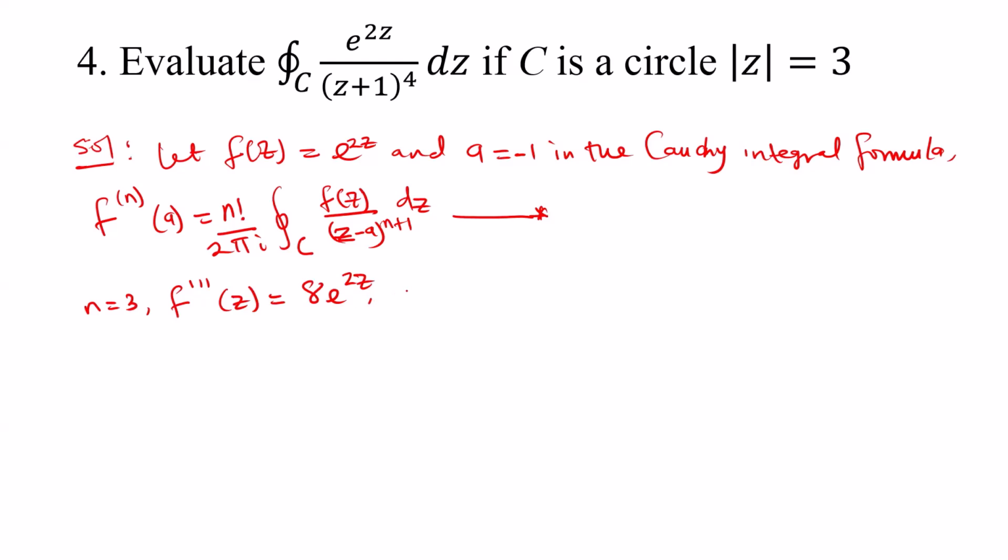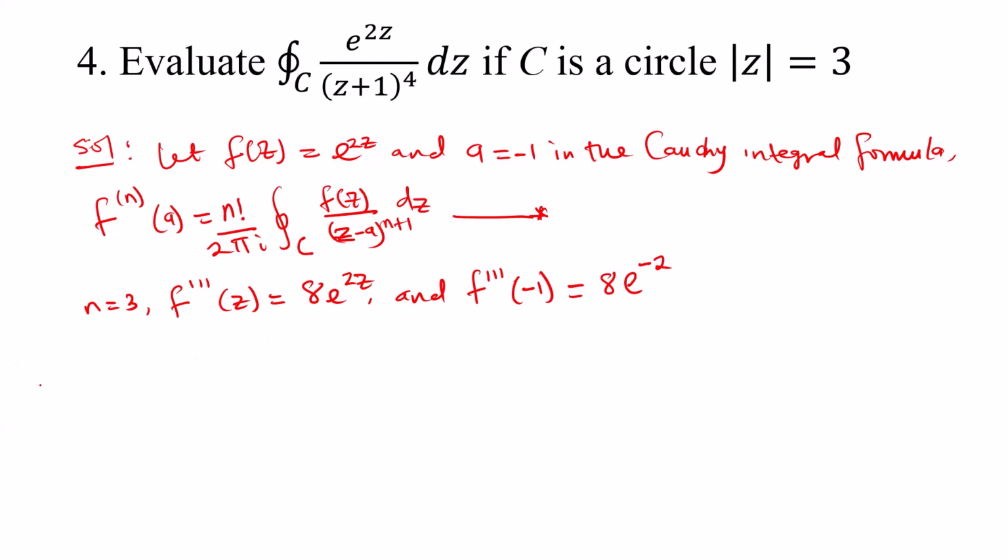And f triple prime at -1, that is, if we substitute z equals -1, gives us 8 exponential -2.